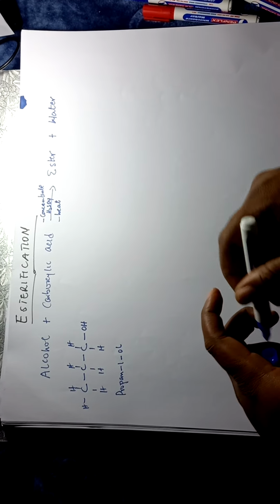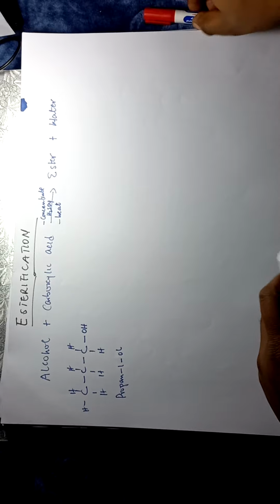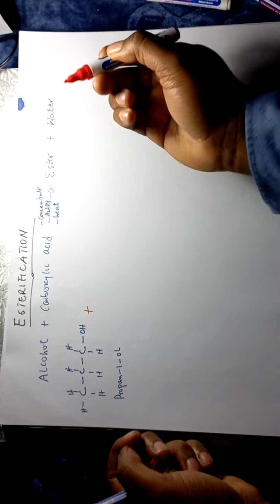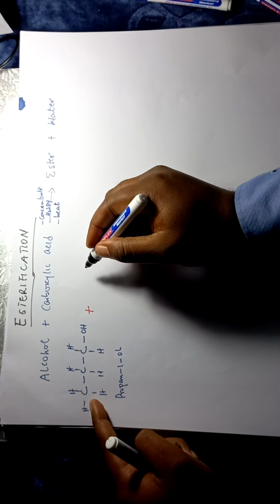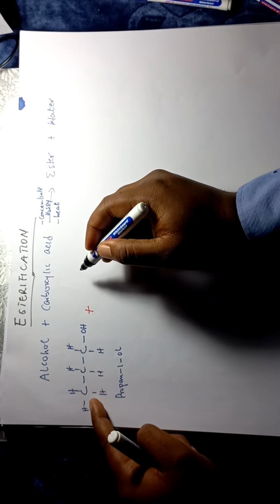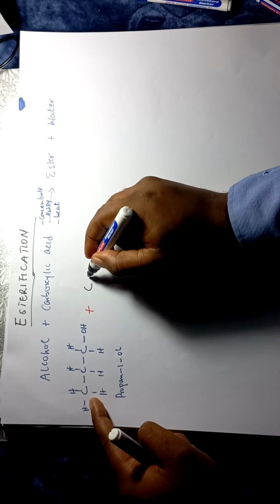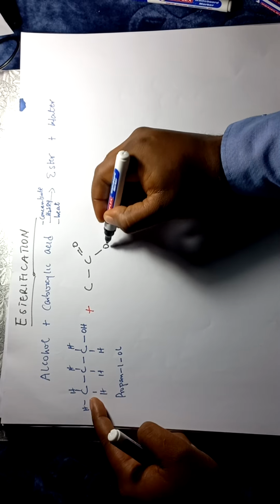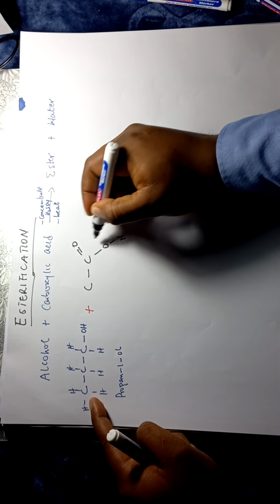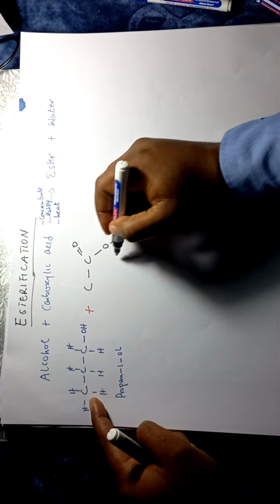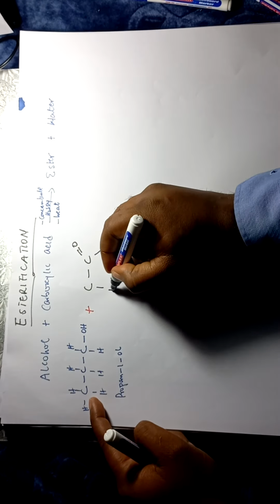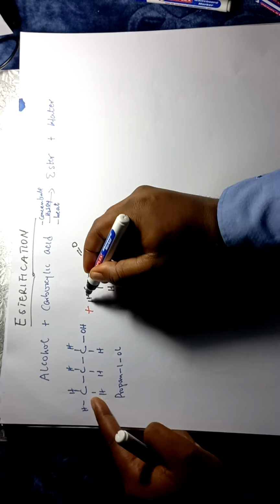And regarding the case of the carboxylic acid, let me use a different one. Let me use ethanoic acid. And this is the functional group OH, which is the carboxy group. This is the carboxy group, which is the functional group of carboxylic acid.